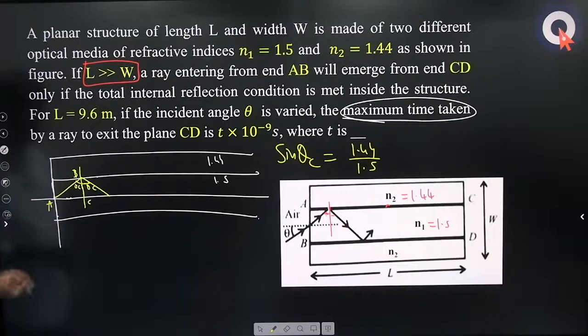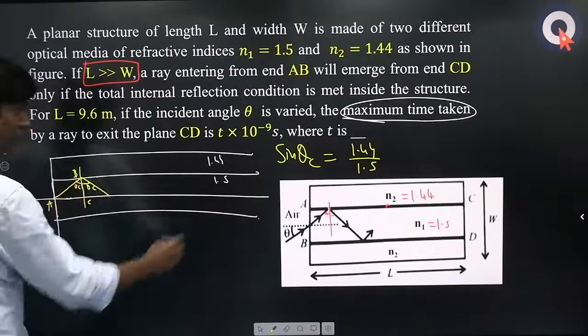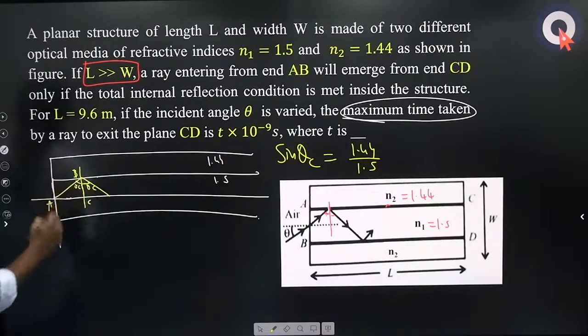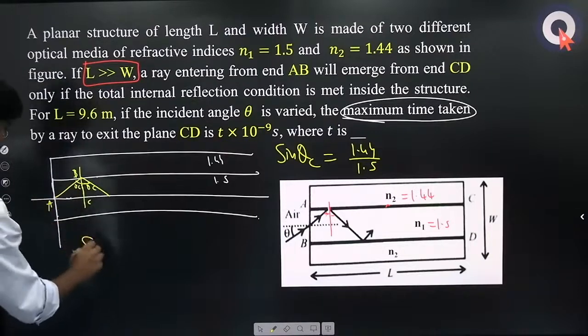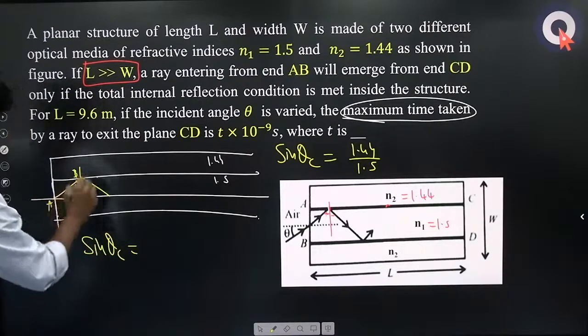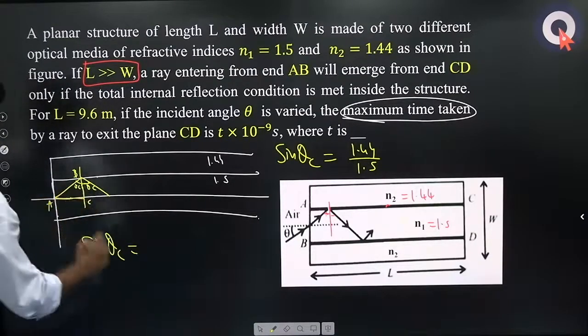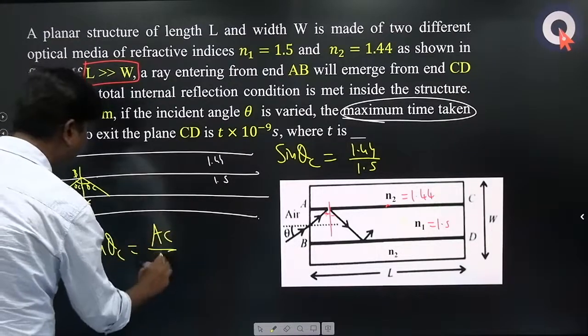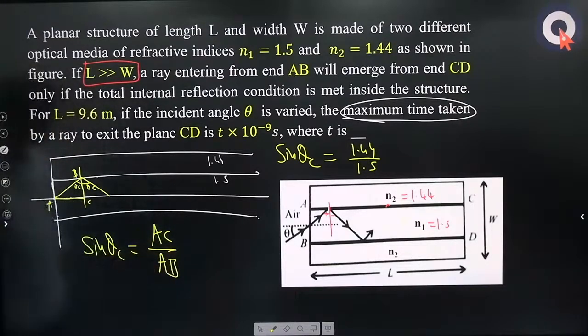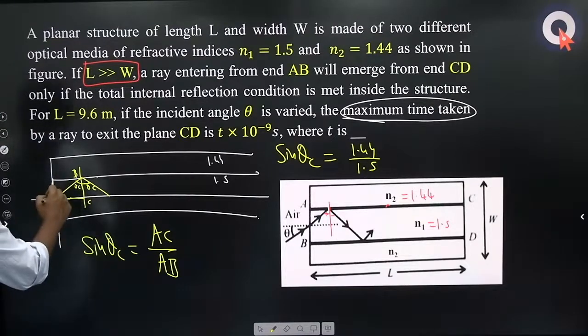And in this triangle ABC, what is sine of theta c? Sine of theta c, is it not AC by AB? Sine of theta c is AC by AB. Means actually the distance traveled is AB. AB is the distance it is traveling.